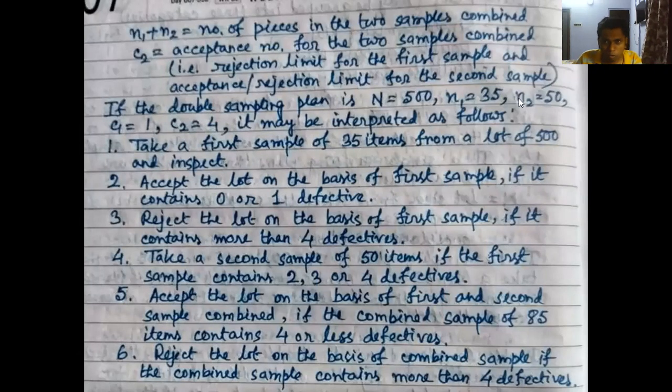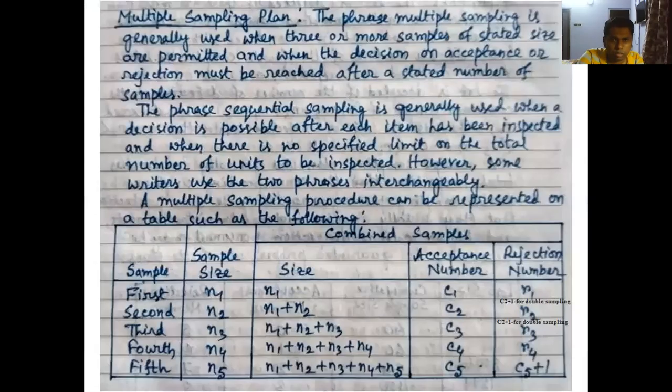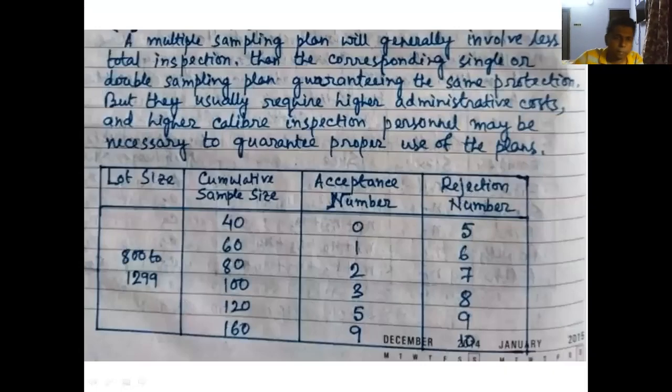Taking all together, after the second sampling, if you get more than 4 defective items as a whole, you will reject the lot. So here also, if you get C2 plus 1, you will reject the lot. That was the process.